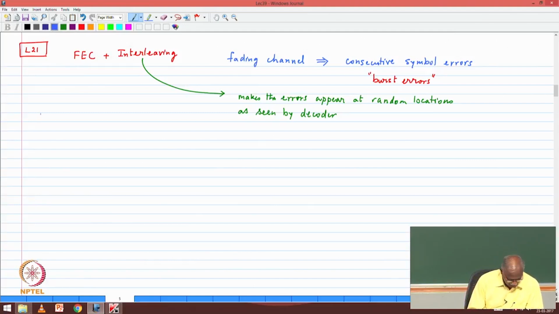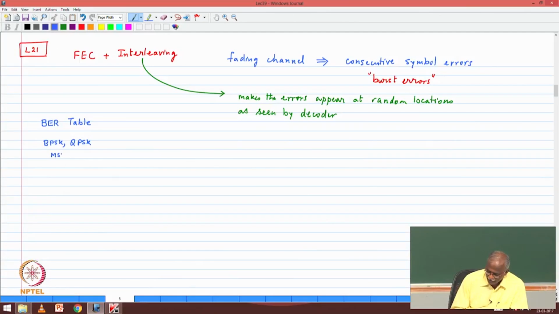Having completed that brief interlude, we went back to writing down a BER table. We wrote it down for, I believe, BPSK, QPSK, MSK, DBPSK, coherent FSK, and I think non-coherent FSK.